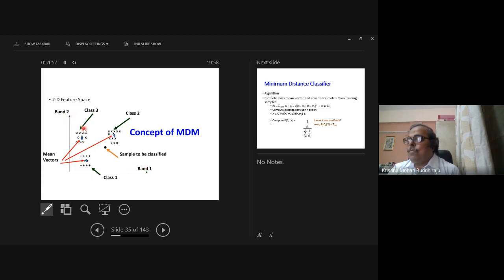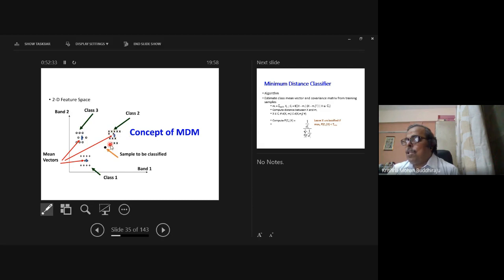These are samples of class 3, class 2, and class 1, and these are the averages or means. Suppose you are given a test sample whose values are here. If you compute the distance from the mean, class 2's mean is closest, so this is assigned to class 2. This is the principle of the minimum distance to mean classifier.